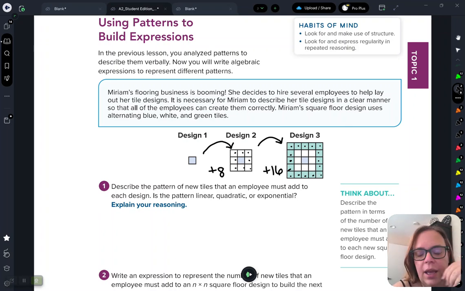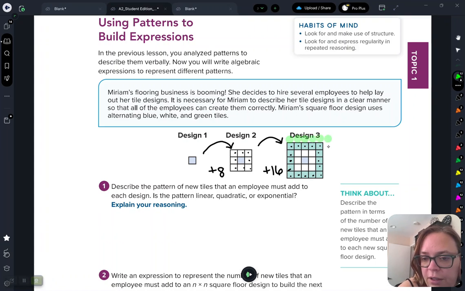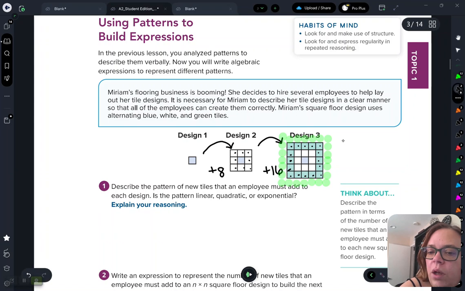Okay, and if we had design 4, I'm just going to pretend I'm going to draw the tiles that would go around. There'll be 1, 2, 3, 4, 5, 6, 7, 8, 9, 10, 11, 12, 13, 14, 15, 16, 17, 18, 19, 20, 21, 22, 23, 24. So for the next one, we would add 24.